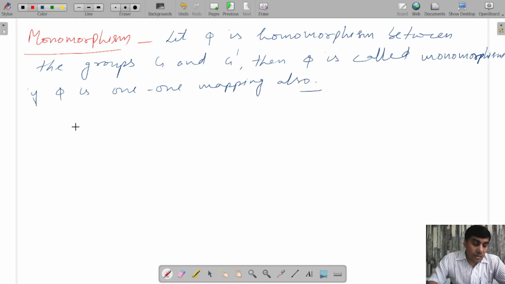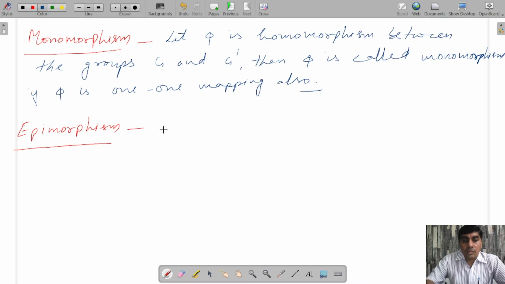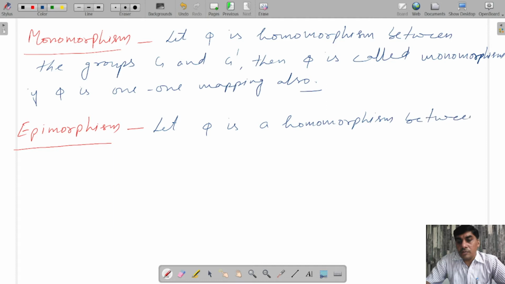Second, epimorphism. Phi is a homomorphism between the groups G and G dash.